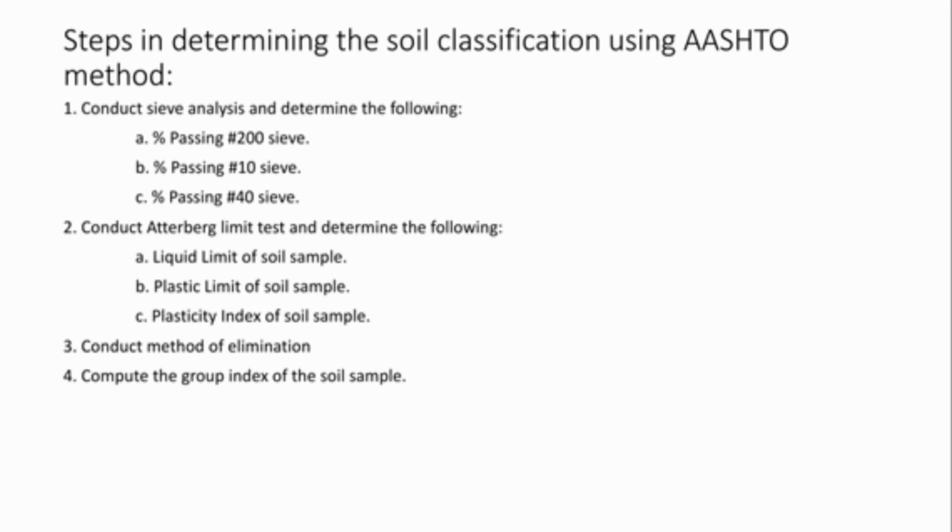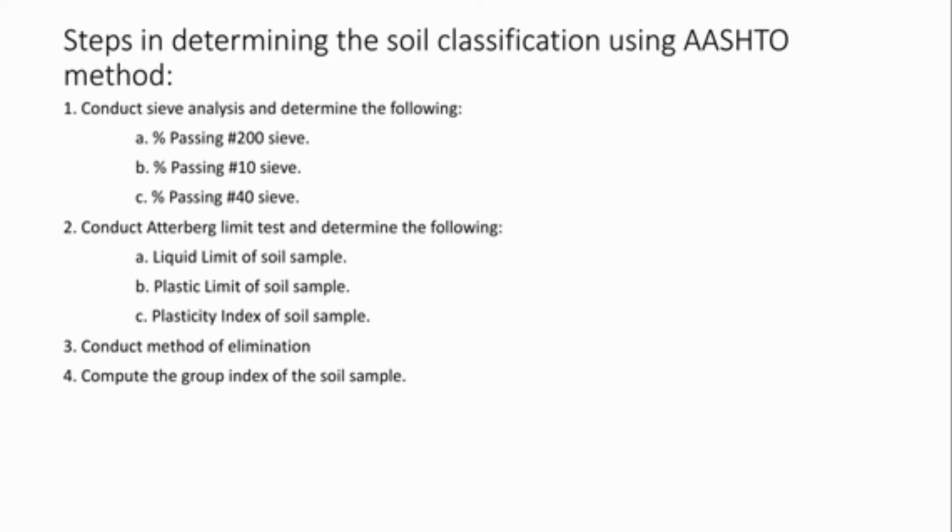So here are the steps in determining the soil classification using the AASHTO method. Number 1, we will conduct a sieve analysis and determine the following: percent passing of number 200 sieve, percent passing of number 10 sieve, and percent passing of number 40 sieve. Number 2, conduct the Atterberg limit test and determine the following: I hope that other reporters discuss the liquid limit, plastic limit, and plasticity index of the soil sample.